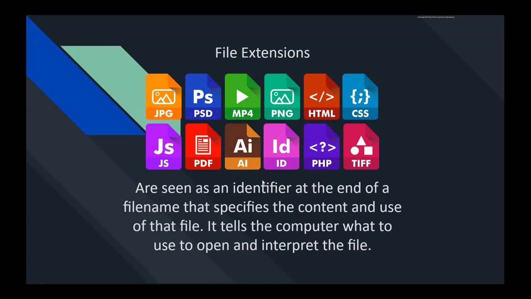You know, this is an Illustrator file, this is an InDesign file, this is a PHP file, and this is a TIFF file. TIFF files are very high resolution and in-depth images. They tend to be very large in file size, but they're very good when we use them in Photoshop or in Illustrator. And sometimes we might use them in InDesign as well.